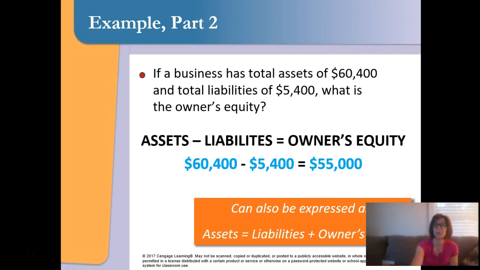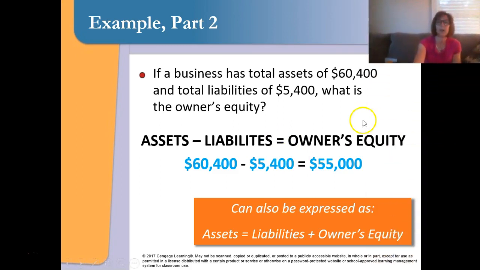So when we have our assets here, we're going to use algebra and move the liabilities to the other side of the equal sign. Whatever we subtract from one side, we've got to subtract from the other. And that gives us assets minus our liabilities equals owner's equity.